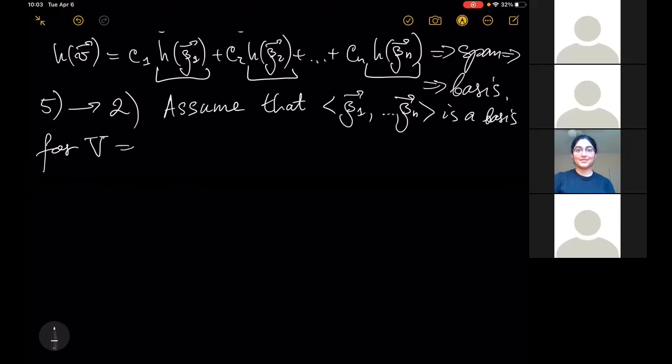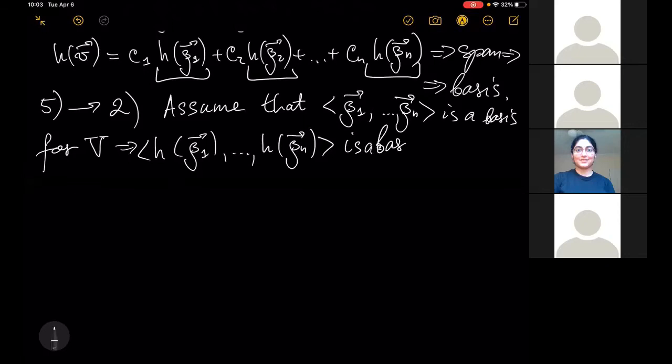Then correspondingly H beta 1, ..., H beta n is a basis for the range of the homomorphism.